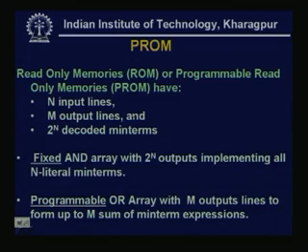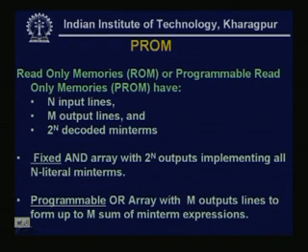If there are n input lines, then by n input lines we can represent 2 to the power n values, and these 2 to the power n values can be the minterms, as the n input lines are nothing but the n input variables.